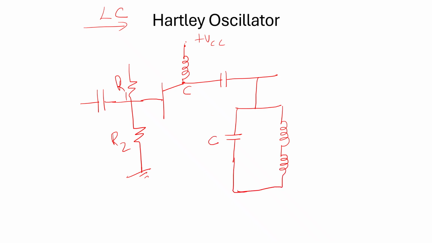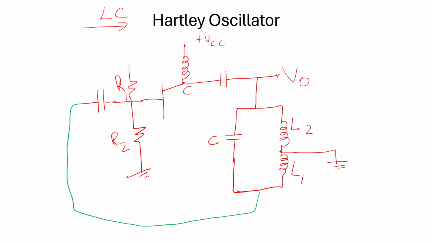A capacitor C, L1 and L2 with the grounding in such a manner. And you will be collecting the output here. And this is the feedback path. The feedback path is taken and connected to the base of the transistor.